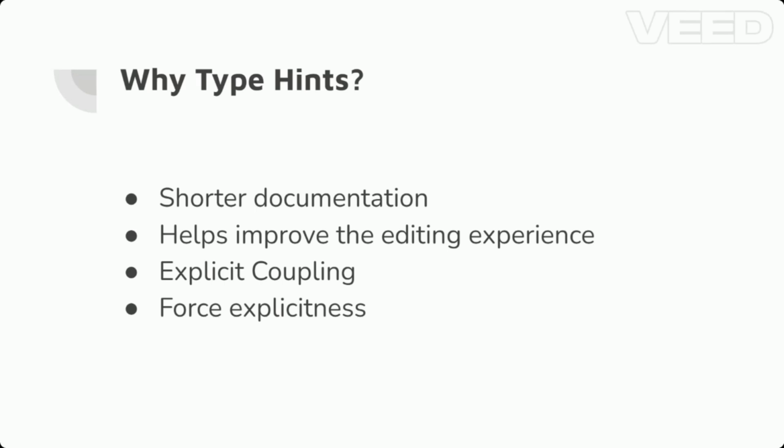And the final benefit that I found about type hints is that it forces explicitness about data structures by requiring the developers to specify the expected type of variables, return values, and even function arguments. By doing this, it removes the sense of ambiguity.